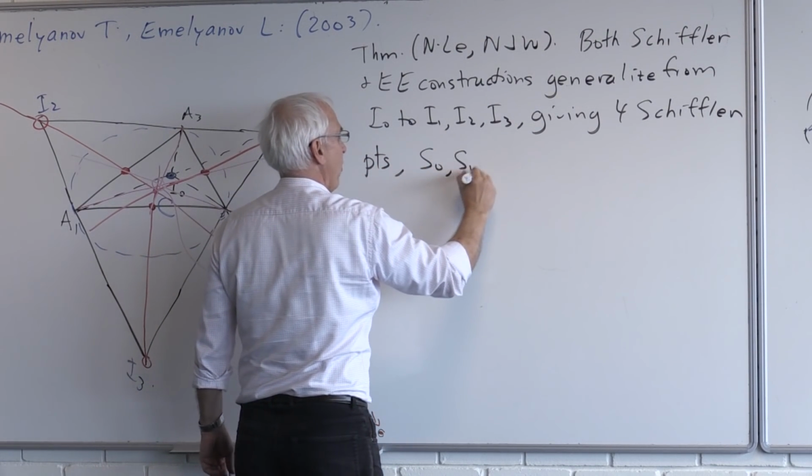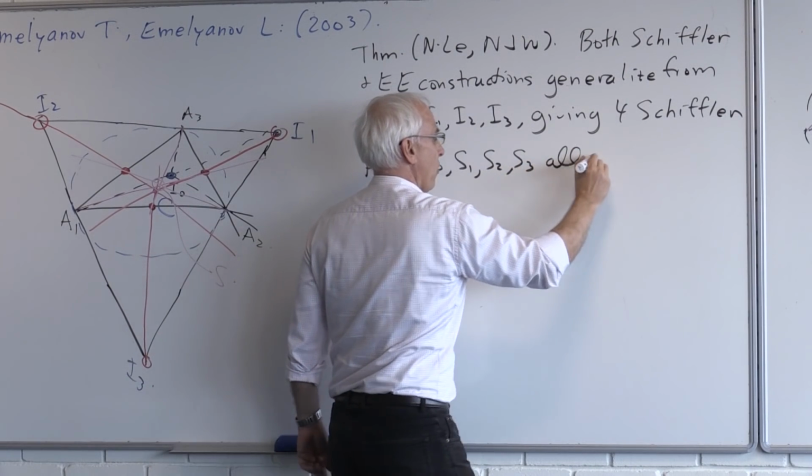Let's call them S0, S1, S2, S3, all on the Euler line.